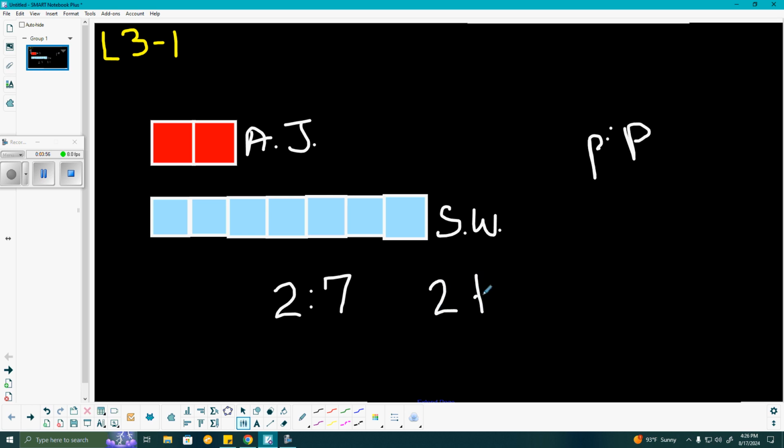Remember that I could also write this ratio as 2 to 7 using the word "to" in the middle. Now, the reason I cannot do a fraction is because that would be saying that 2 out of the 7 cups are apple juice, and that's not true.